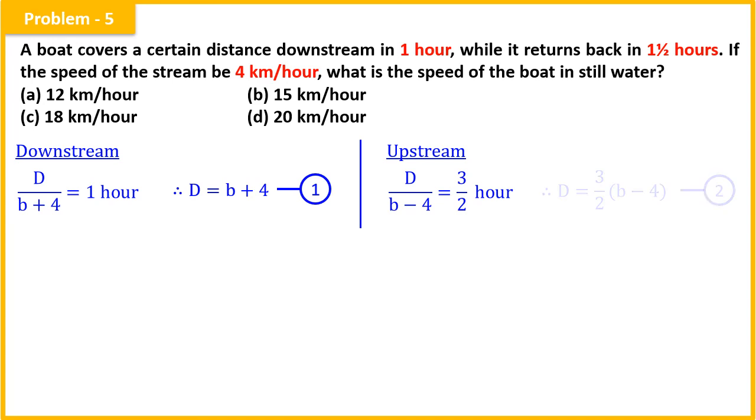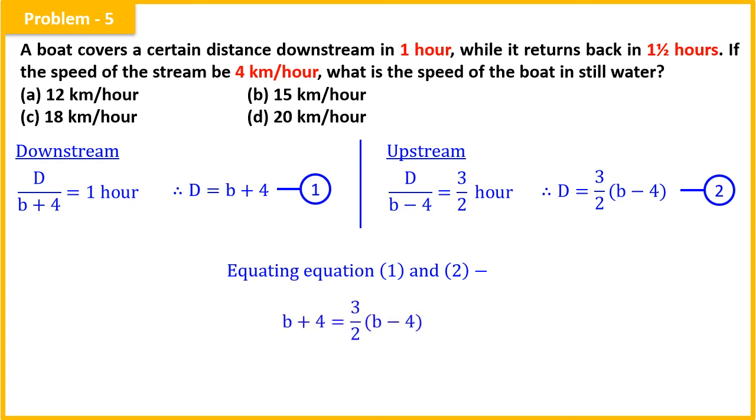Now here I can write distance is equal to 3/2 times b minus 4. We can equate equation 1 and 2 as the left hand side of both the equation is same. So I will write b plus 4 is equal to 3/2 into b minus 4. Solving this particular expression, we can calculate the value of b, which comes out to be 20 kilometer per hour. Option D is the right answer.